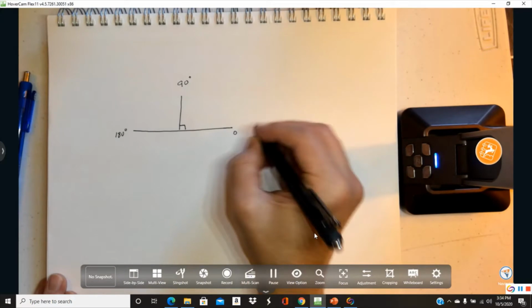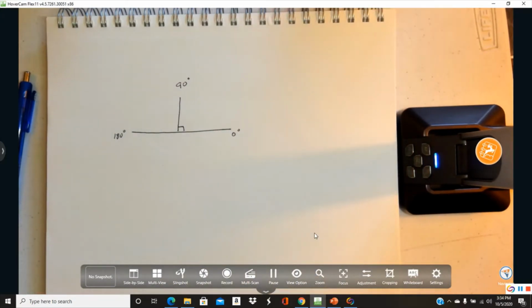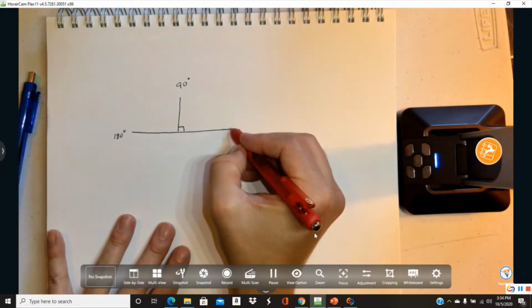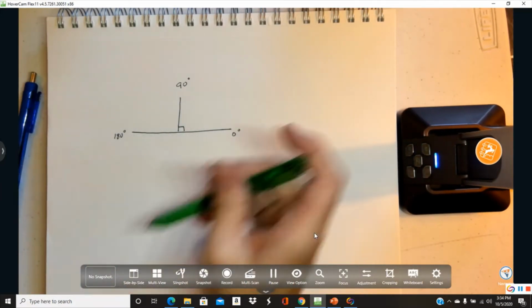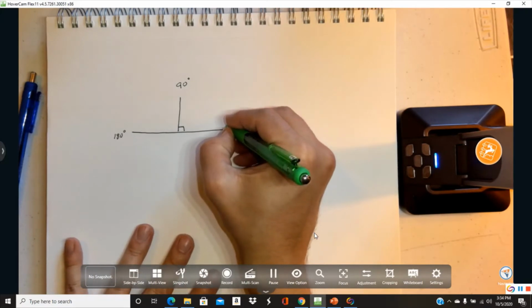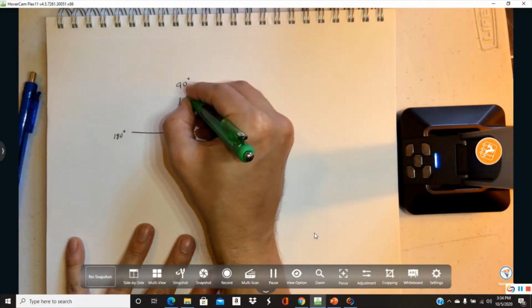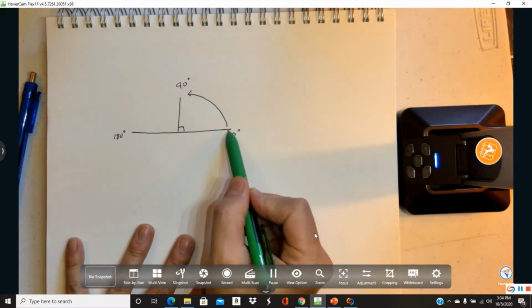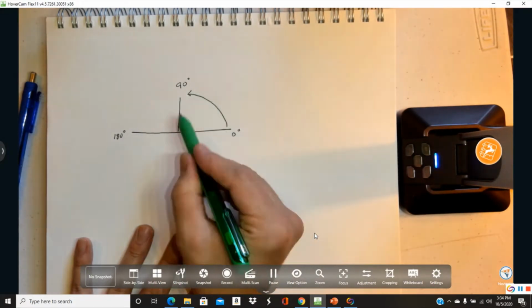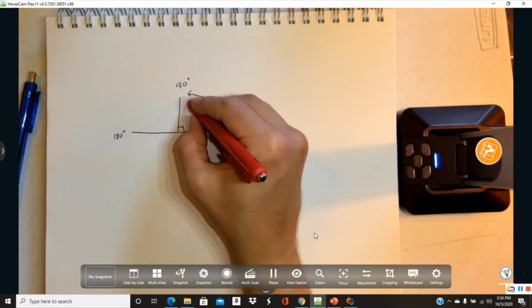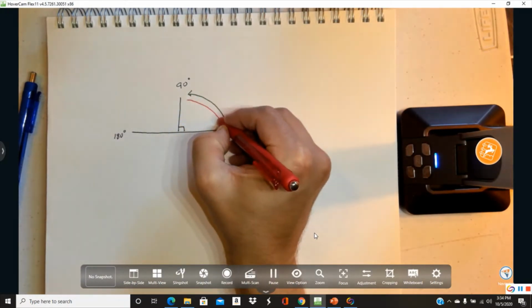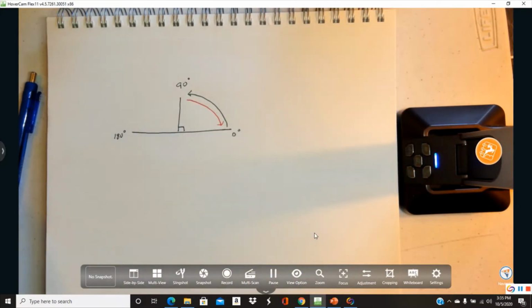Now, with these angles in play, if you were to start here at 0, which is the lowest number we can have, and let's say I'm going to use green, and we move this way where we are making the angle get bigger, an increase of the angle, or vice versa, we can go this way and decrease the angle between two articulated bones.